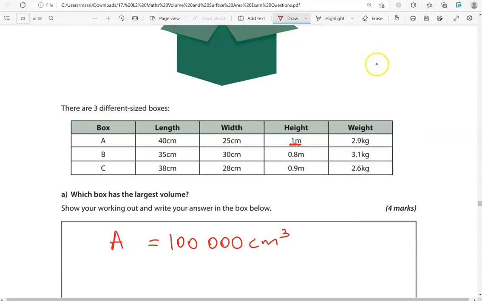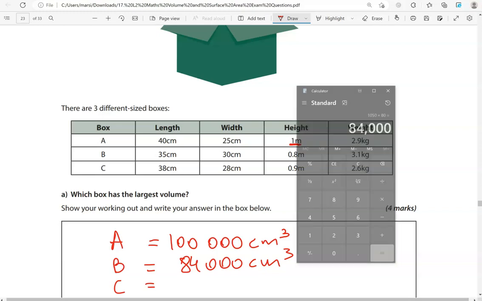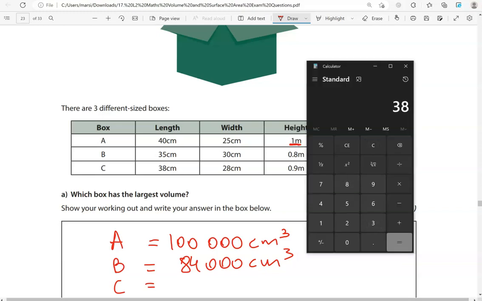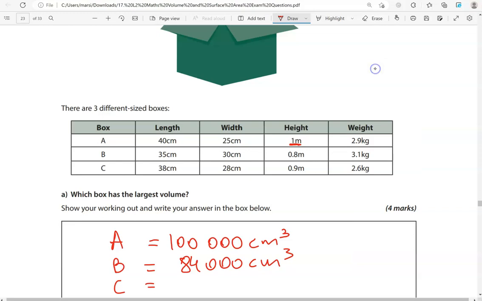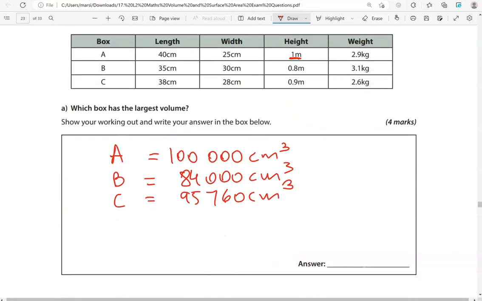So 84,000. And box C, we'll do 38 times 28 times 90, which is 95,760. So which of them has the largest volume? That is this one. That's box A.